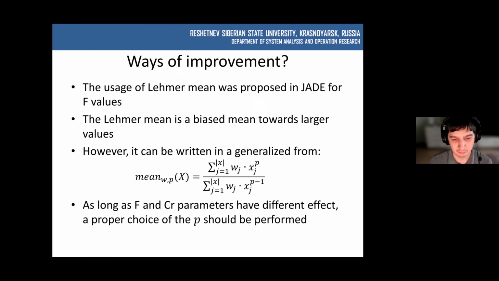This mean, which is a weighted average where the weights are fitness improvements and the values are either the F or CR parameters, is actually biased. It's the so-called Lehmer mean, and we can change it so that it will be biased more or less.